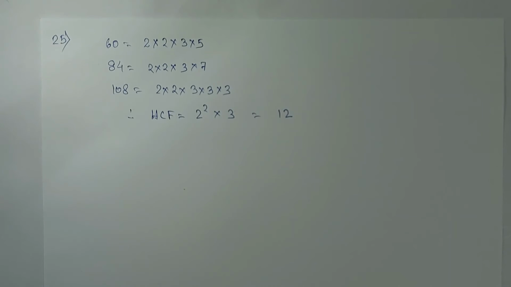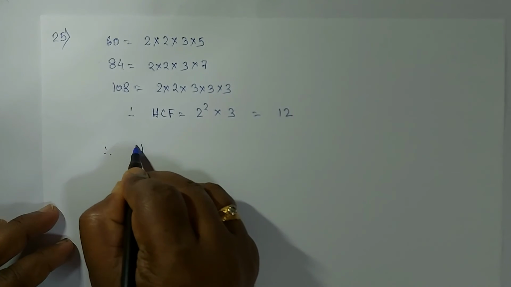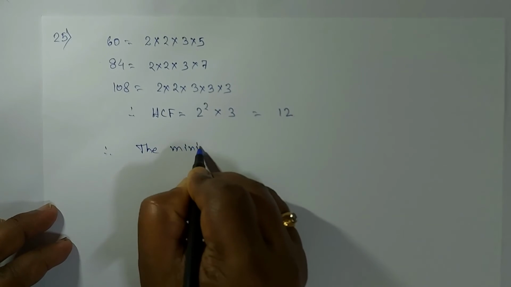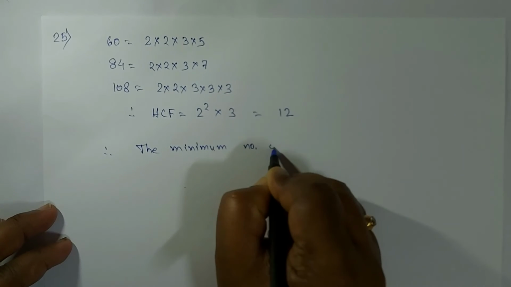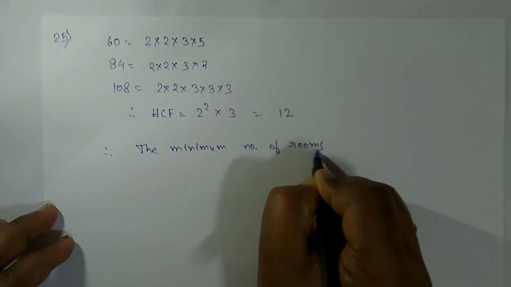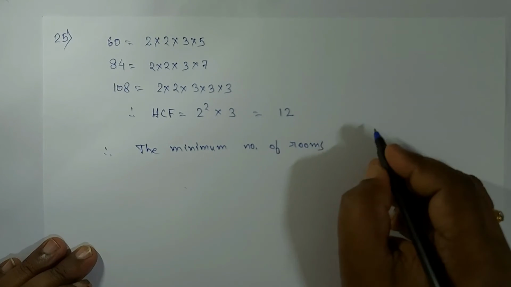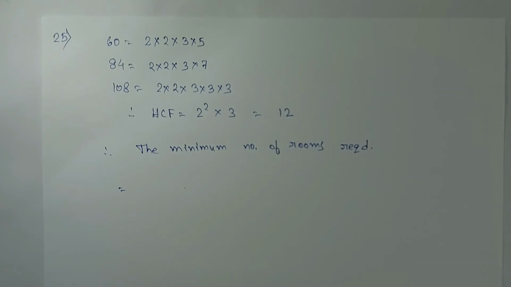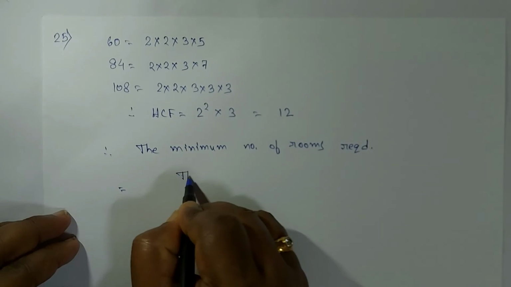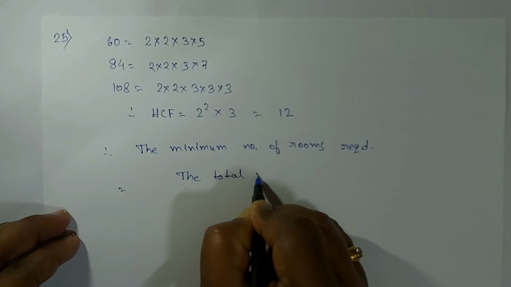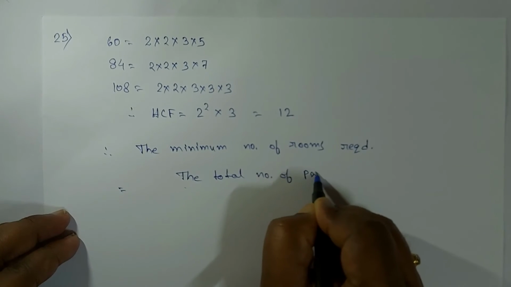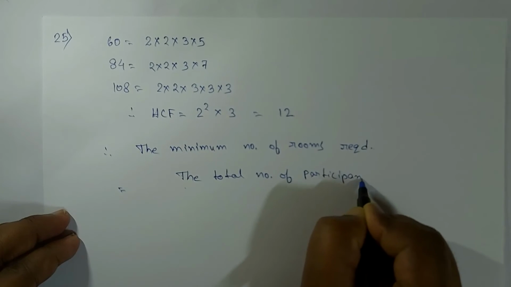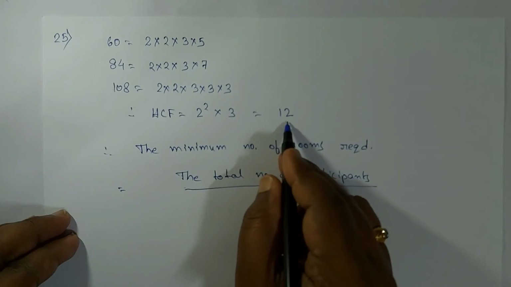Okay, so therefore the minimum number of rooms required is equal to the total number of participants by this HCF.